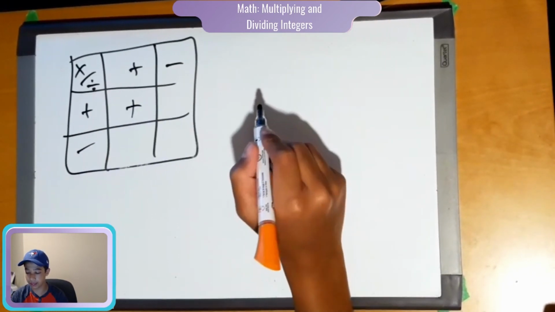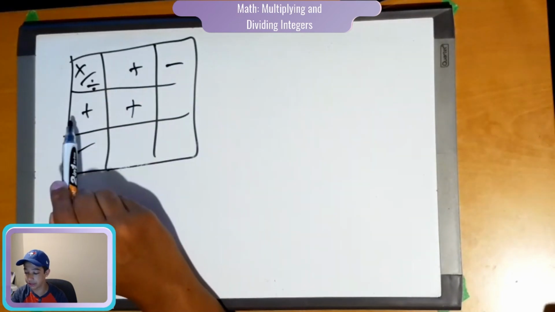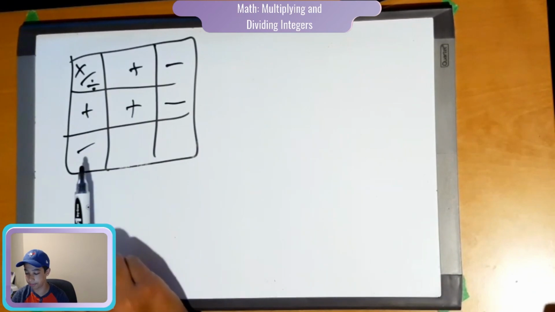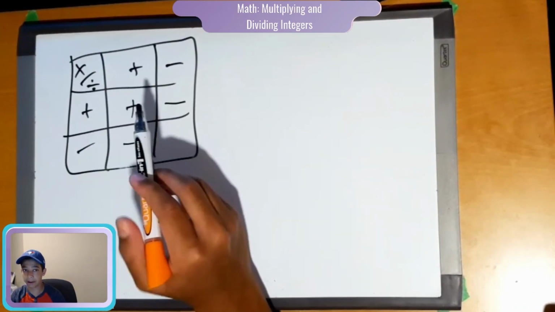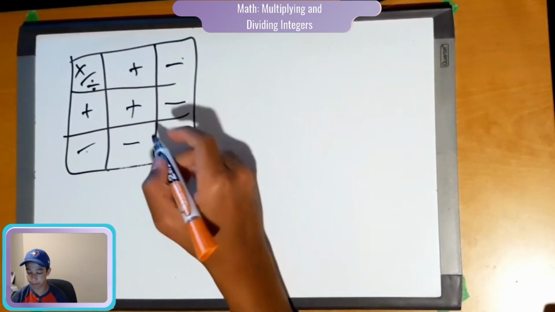If you're multiplying or dividing a negative and a positive, you're going to end up with a negative number. And again, if you're multiplying a negative and a positive, you're going to end up with a negative number. Now, if you're multiplying or dividing a negative and a negative, you're going to end up with a positive number. Okay?